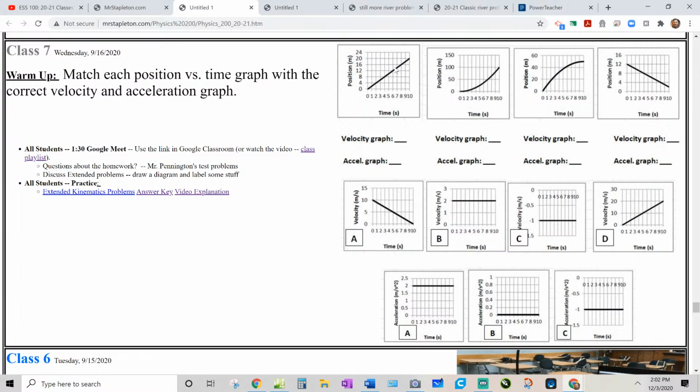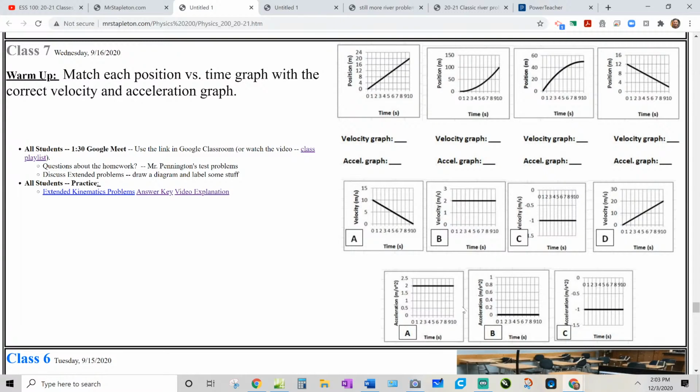Which velocity graph goes with this position versus time graph? Think about it for a second. And then which acceleration graph would go with it? So just don't say anything for a while, but think about it. So this is the position graph. These are the velocity graphs you can choose from. These are the acceleration graphs you can choose from.